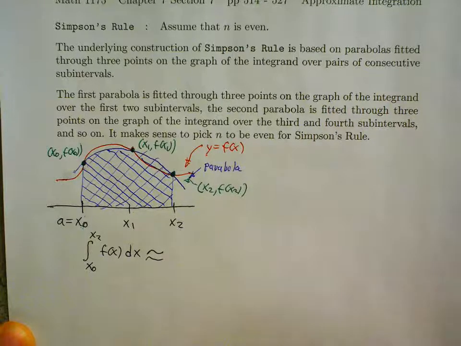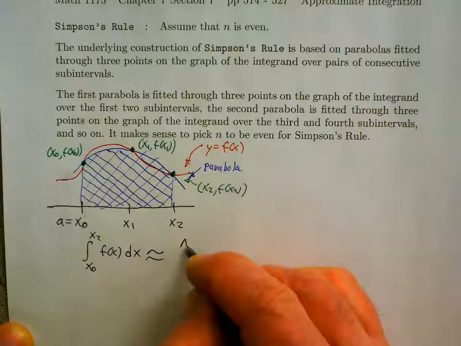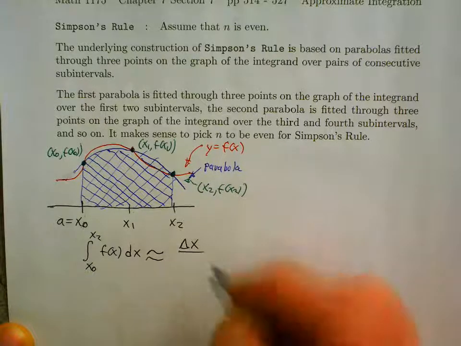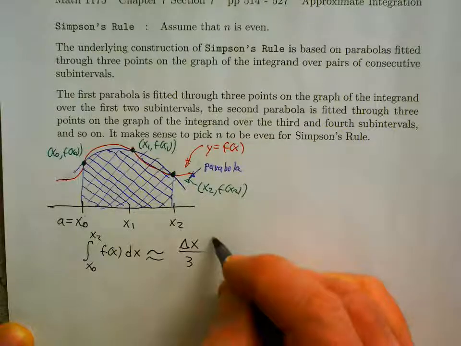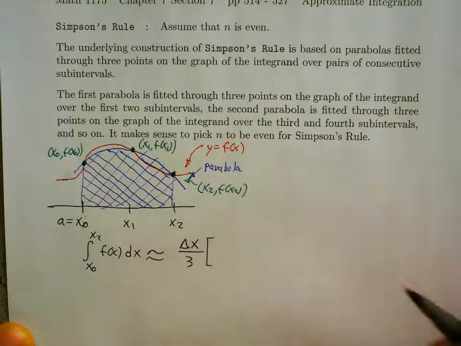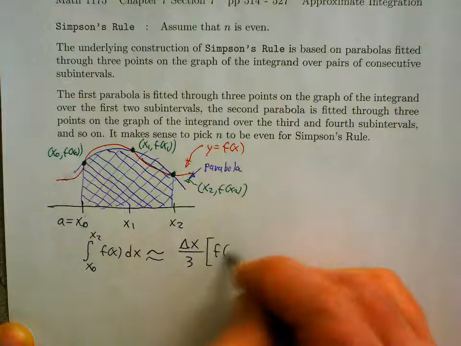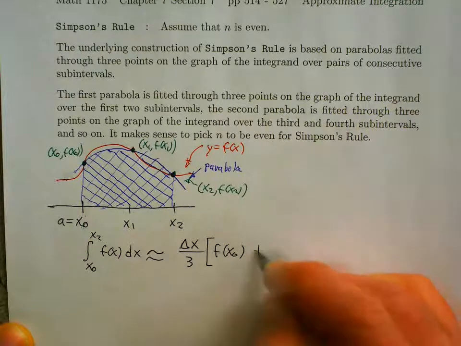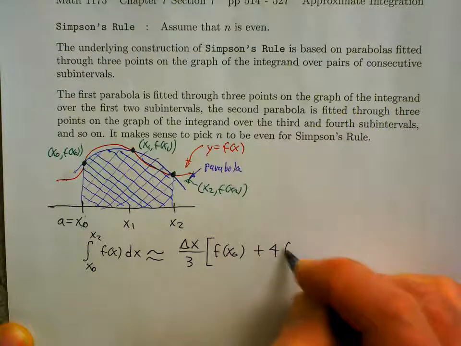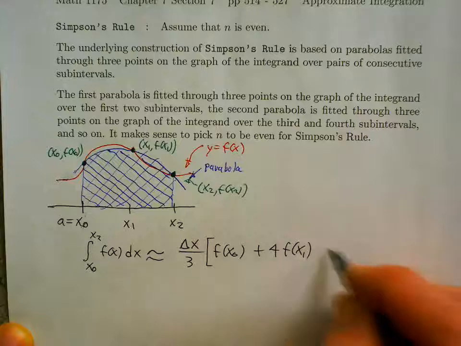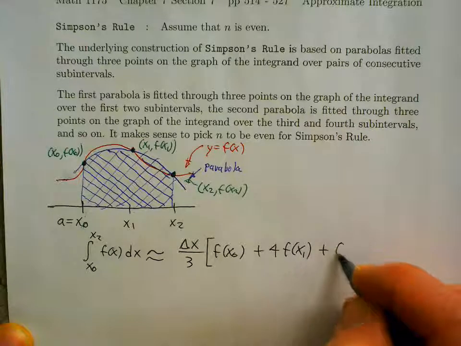And it turns out that that's approximately equal to delta x divided by 3 times the quantity f of x sub 0 plus 4 times f of x sub 1 plus f of x sub 2.